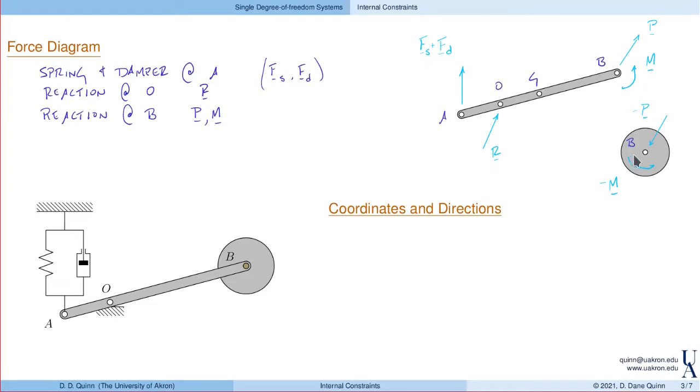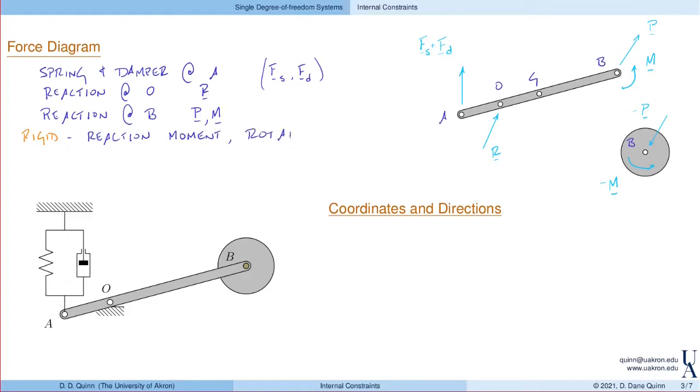Now let's look at what happens depending on the connection between these. If it's rigid, then we have a reaction moment, which we've referred to as M, that serves to constrain the rotation of the disk and the rotation of the bar.